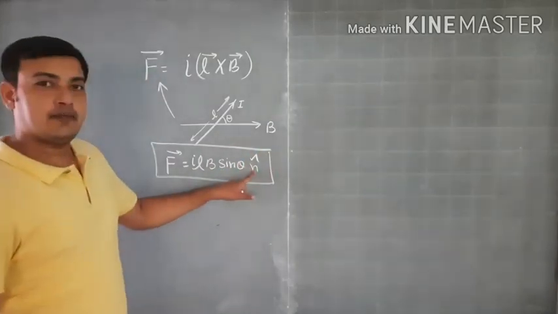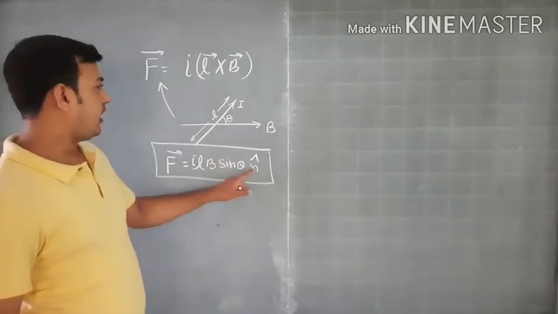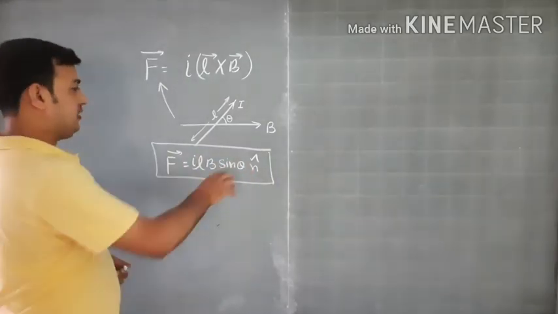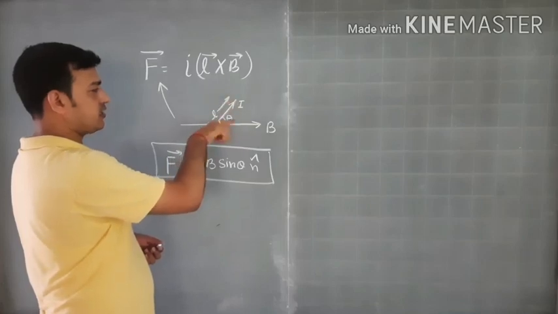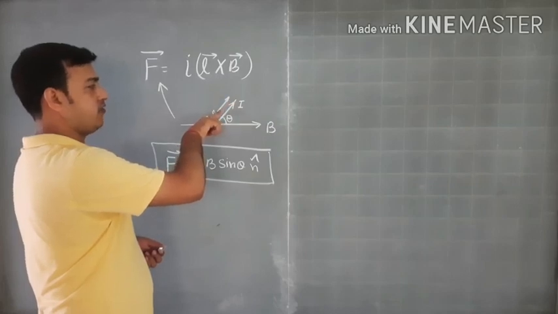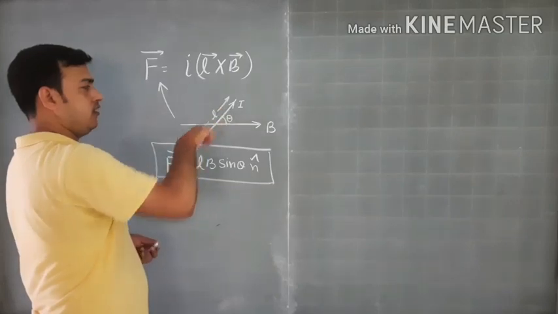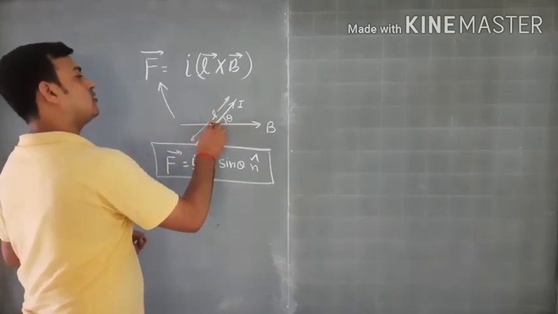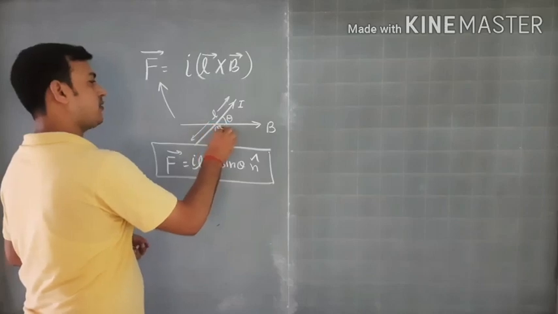Now this n cap is the direction of force, and you know that it can be easily found by the right hand rule. L is in this direction, B is in this direction, so we can fold the fingers from the direction of L to the direction of B, and in that case the thumb will be into the board. So the direction of force is into the board.